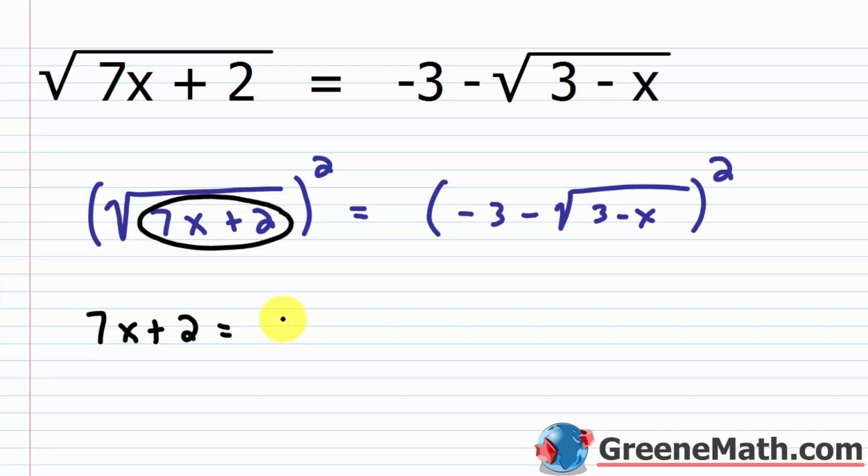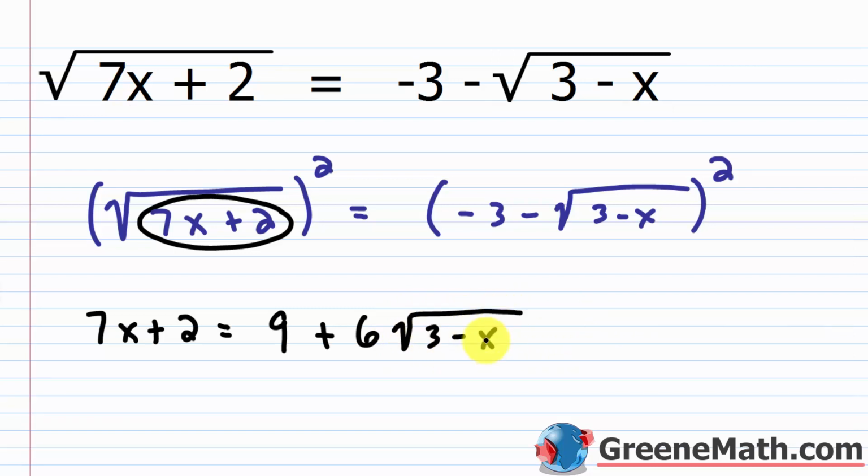That's going to give me a positive 9. Then minus 2 times your negative 3, and then times the square root of 3 minus x. So negative 2 times negative 3 is 6. So let's put plus 6 there, and then times, again, that square root of 3 minus x.